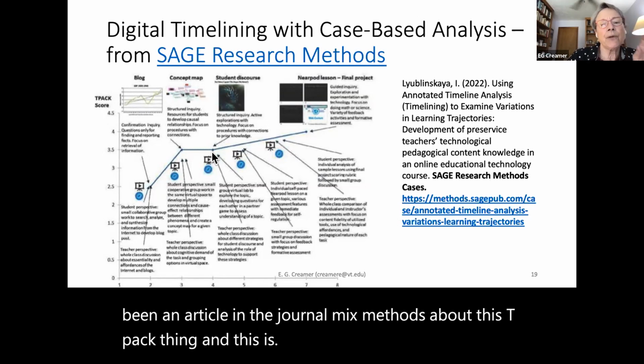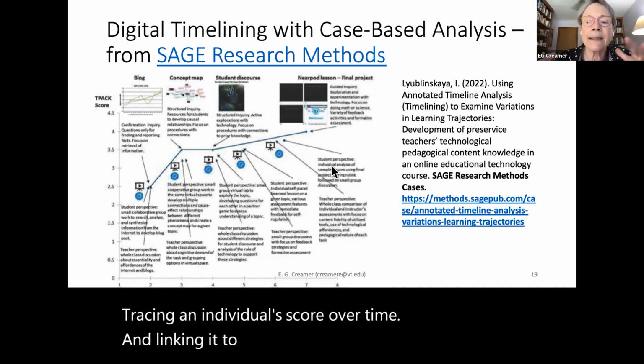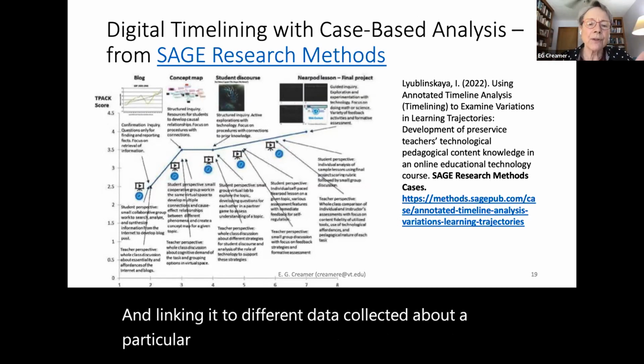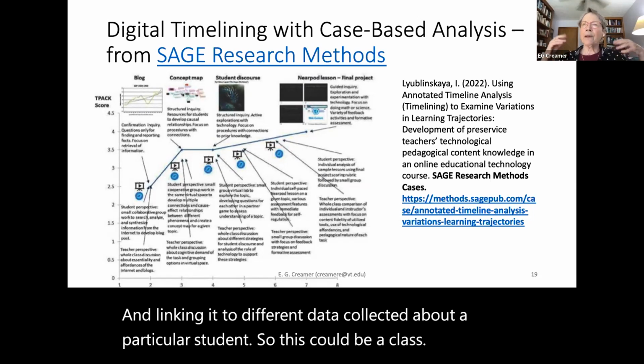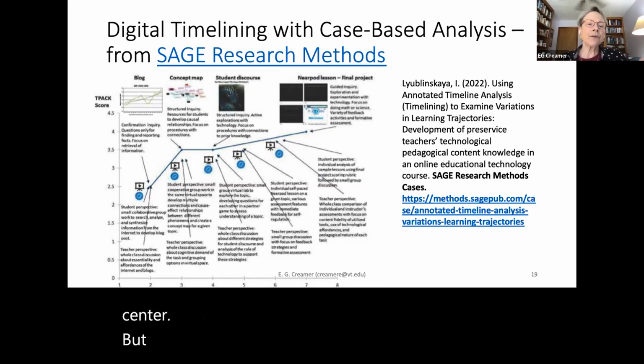And this is tracing an individual's score over time and linking it to different data collected about a particular student. So this could be a class, it could be an emergency room, it could be a nonprofit center, but you're moving into case-based analysis, which I'll come back to.